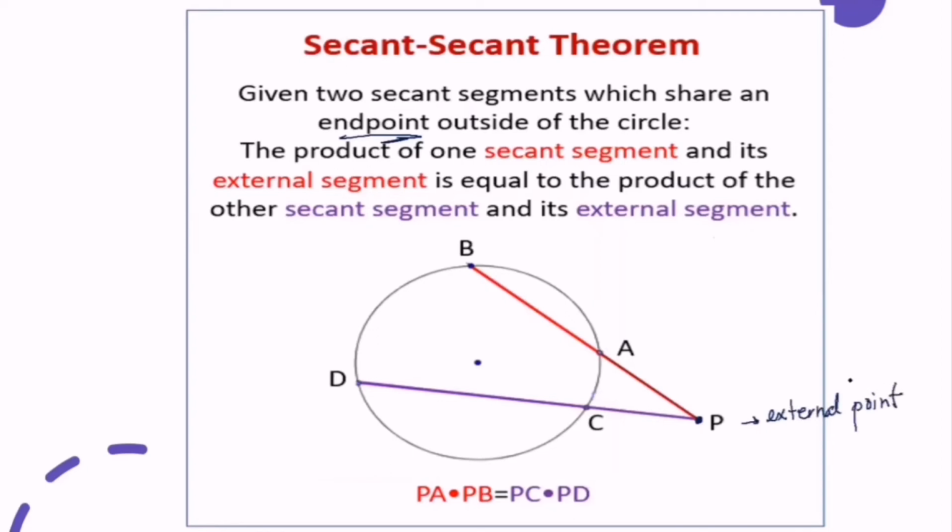Okay? Ano daw ang gagawin pagka secant? We're going to get the product of one secant segment and its external segment. At ganun din ang gagawin sa isa. So as you can notice, we have 2 secants here. The 2 secants here are segment PB and segment PD. Okay?